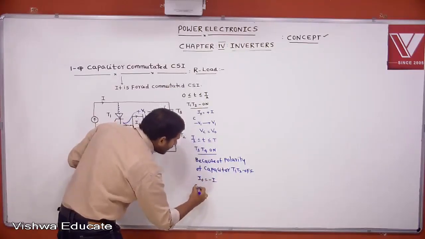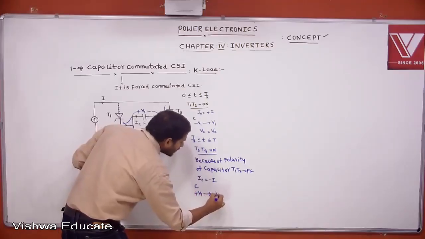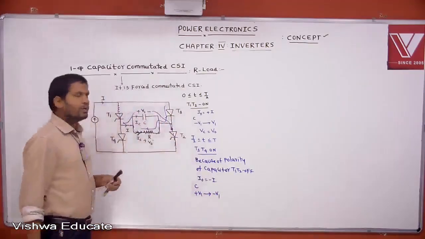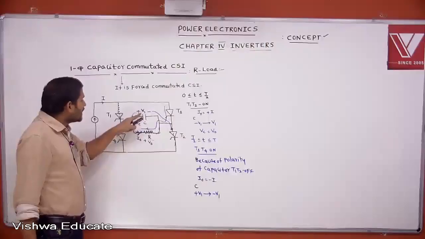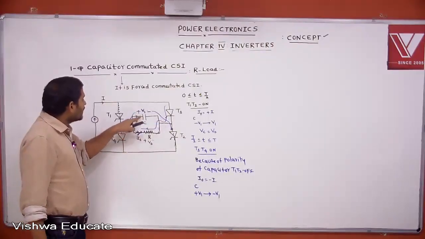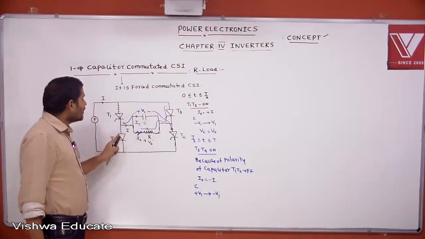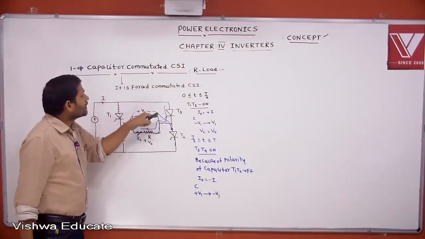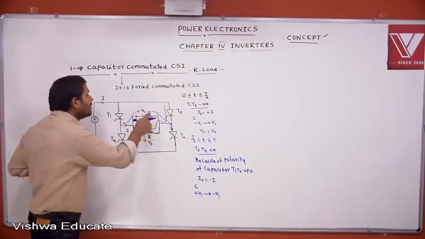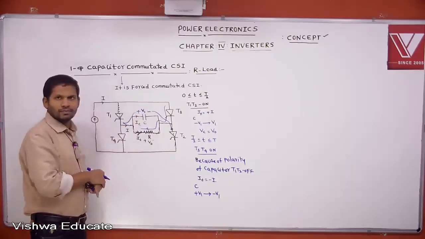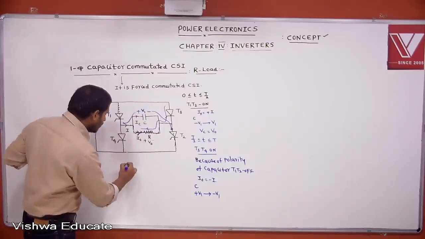Then what about the capacitor? Capacitor polarity is changing from plus V1 to minus V1, because now this polarity is changing again. T3, T4 is conducting now. Initially it is minus plus; this is the initial polarity.